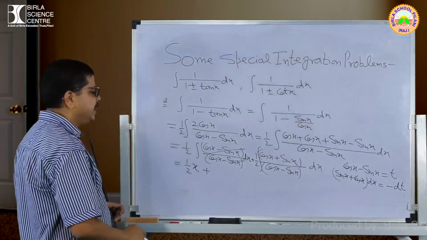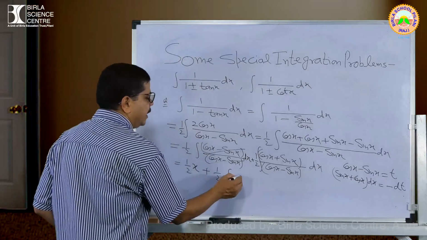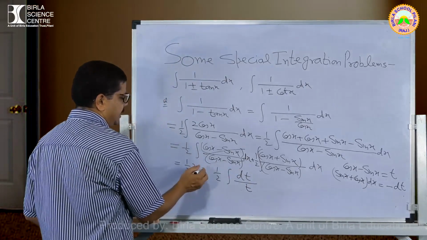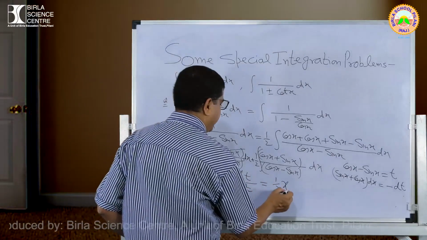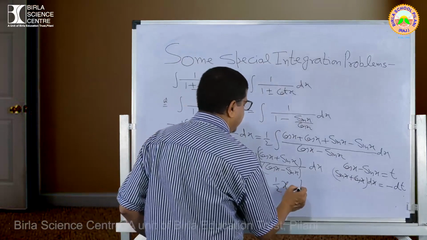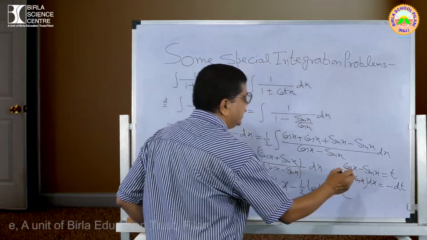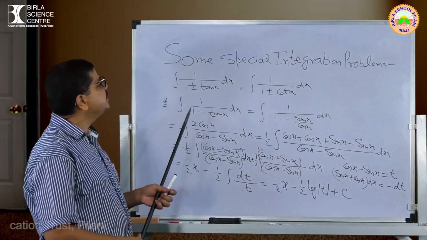So it is minus dt. So it becomes half integration of minus dt upon t. That negative I write at this point. So it is half x minus half log t plus c. In the end you can put the value of t and that will be the answer.